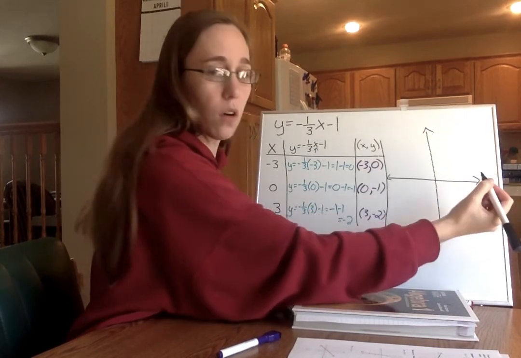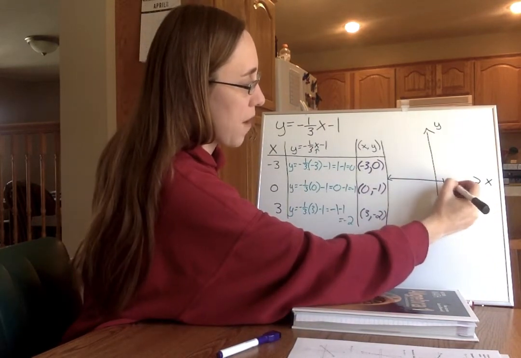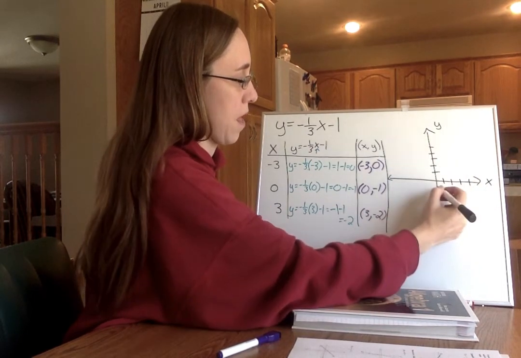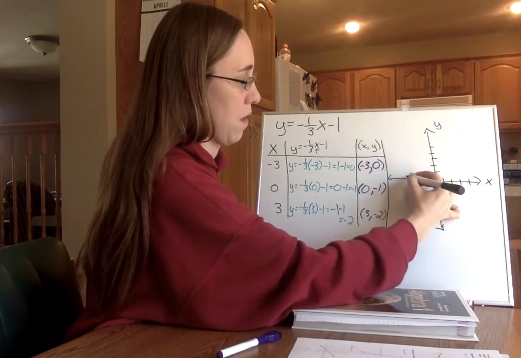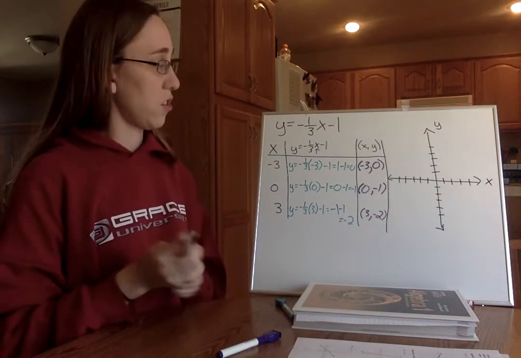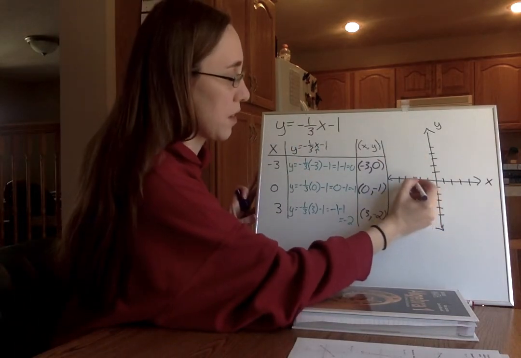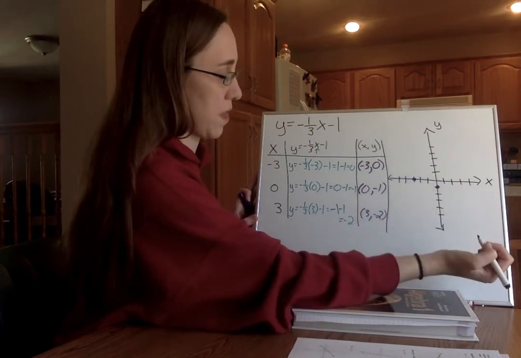Remember, x is the horizontal, y is the vertical. I'm just going to go out 5 because none of my numbers are bigger than 5. And now we start to plot those points. So -3, 0, that one's right there. 0, -1 is right there.